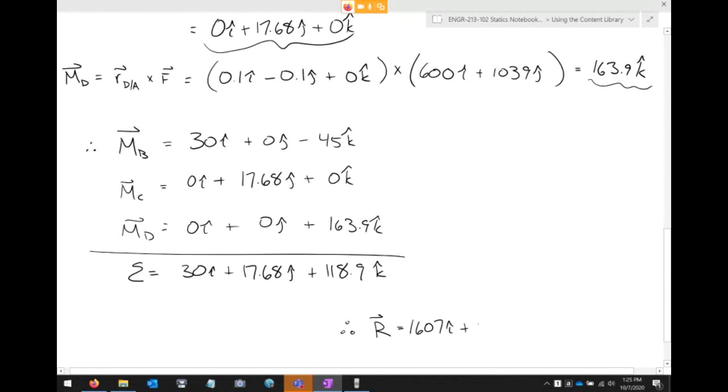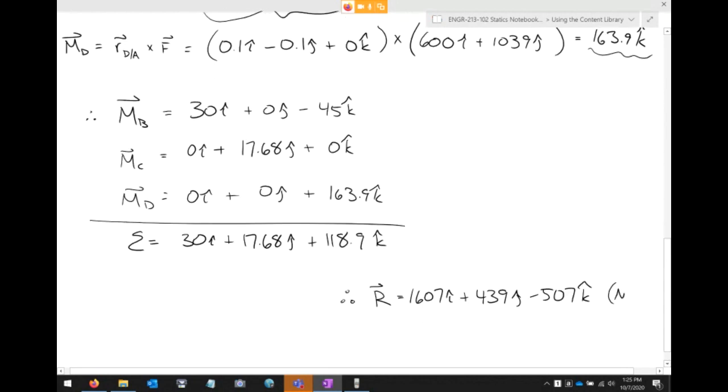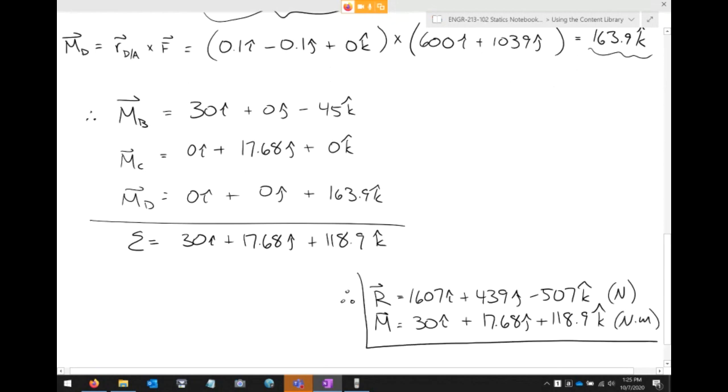Awesome. Okay, so just to summarize what we had: 439J minus 507K, and we'll say newtons, and then our moment vector is 30I plus 17.68J plus 118.9K in Newton meters.